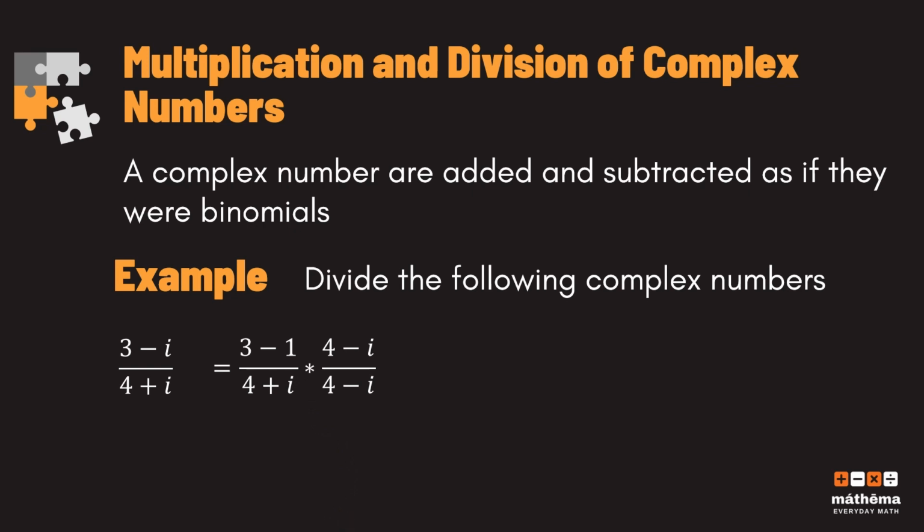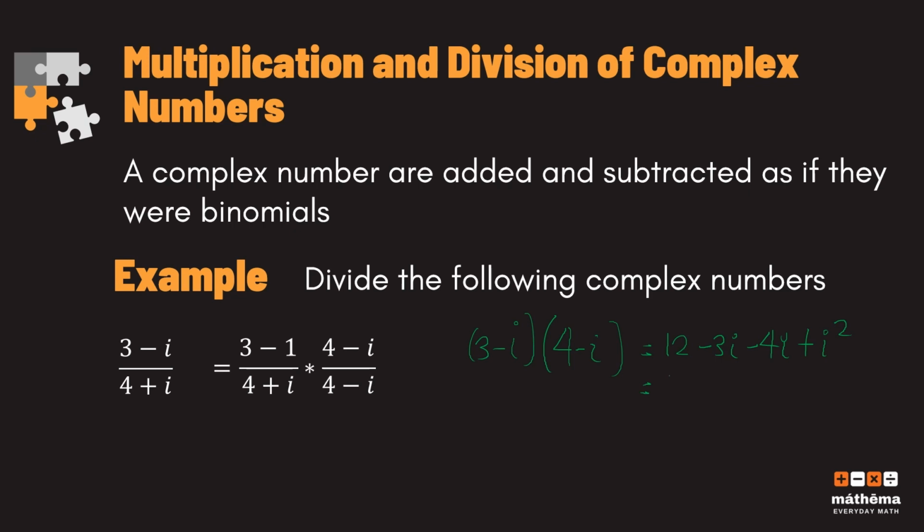Now, the same thing as earlier, we are going to multiply. What is 3 minus i times 4 minus i equal to? So, FOIL method, we have 12, and then minus 3i, minus 4i, plus i squared.